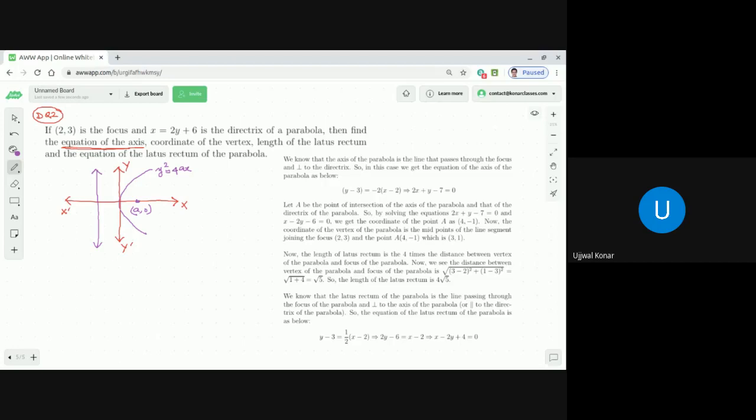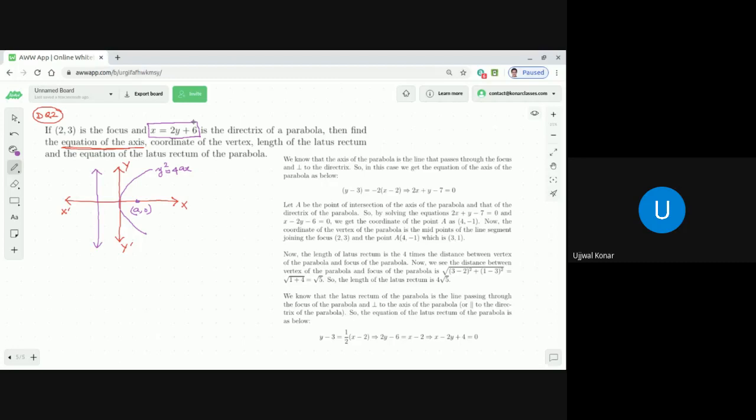Now, as the equation of the directrix of the parabola is given, the straight line which is perpendicular to this directrix should have a slope of -2. Why?